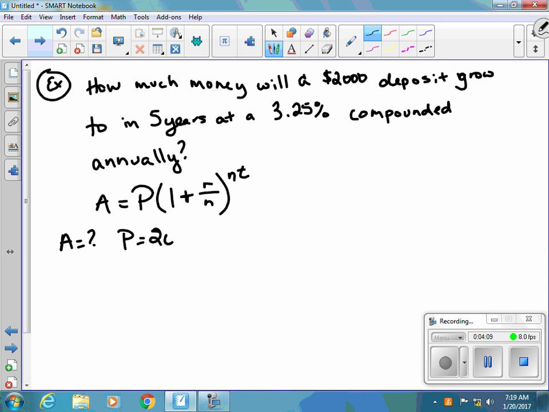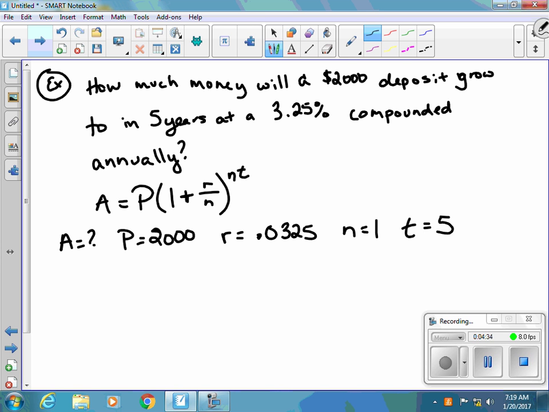P is that $2,000. R, because it's currently a percent, we need to change that into a decimal. So it's going to be 0.0325. N is compounded annually, so that means we only do it once in a year. So N is 1.